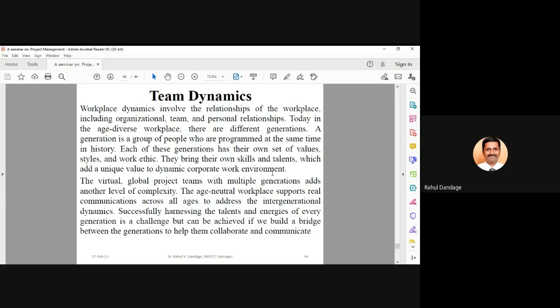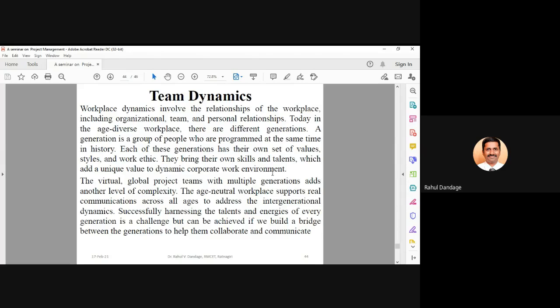That's why you can say we are from the same generation. But when your father and grandfather were at your age, the environment and conditions were altogether different, so they were programmed at that time. That's why they have their own set of values, styles, and work ethics.